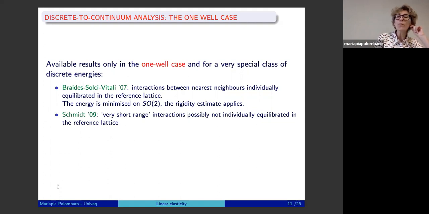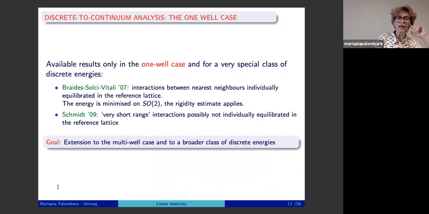And then there was a work by Schmidt, where he considers very short range interactions, possibly not individually equilibrated in the reference lattice. I will give you more details about these two papers in the next few slides. So the one well case and very special class of discrete energies. So our goal was to extend the analysis to the multi-well case and to a broader class of discrete energies.